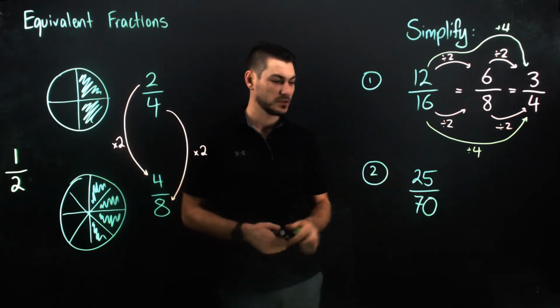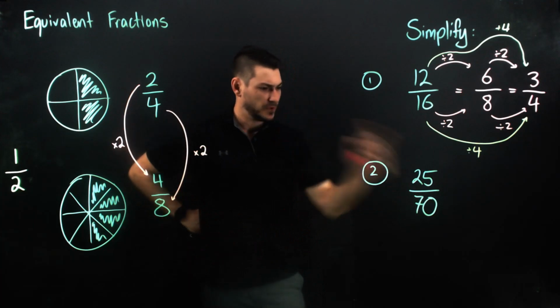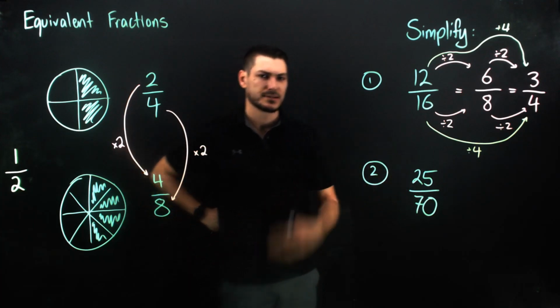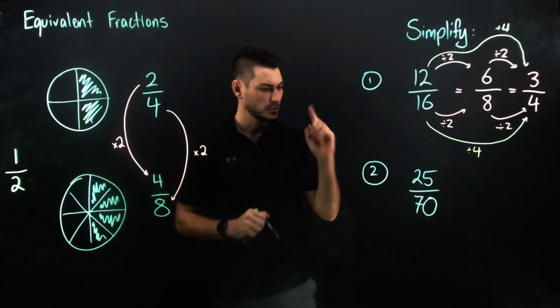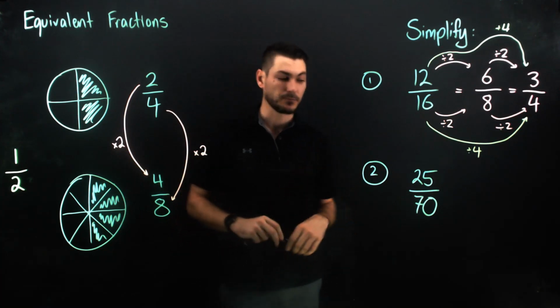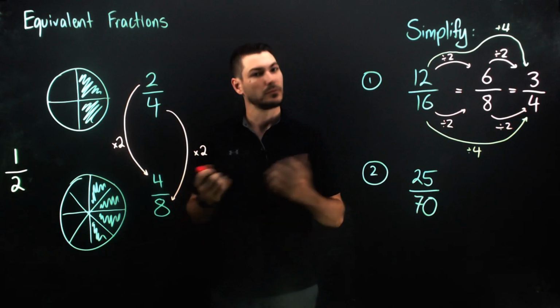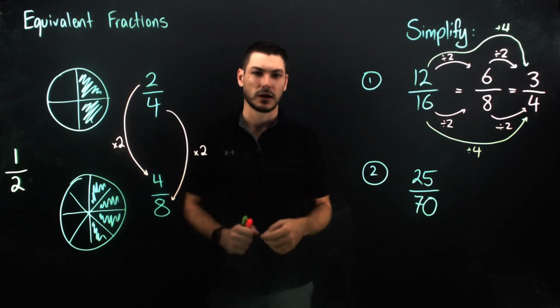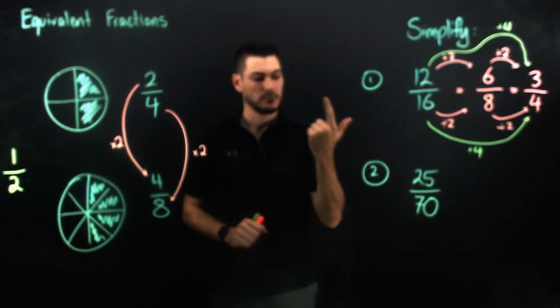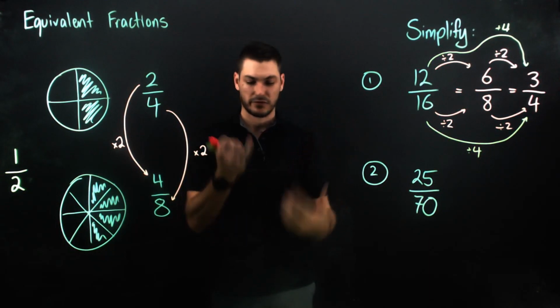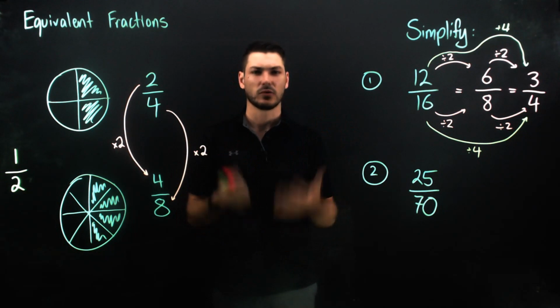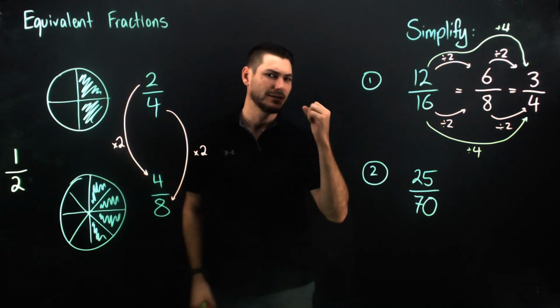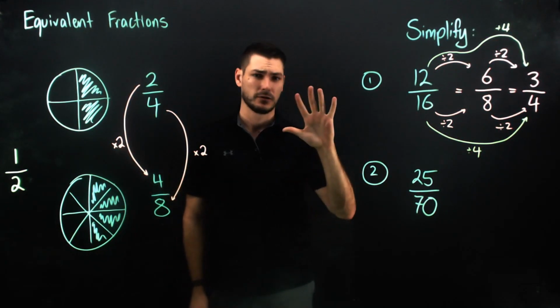Now, this one down here. Not both even, so I have to use a different strategy. I can't just halve them both. One thing I do know about multiplication is that if I count in 5s, 5, 10, 15, 20, 25, 30, 35, 40, and so on, all of the multiples of 5 end in 0 or 5.